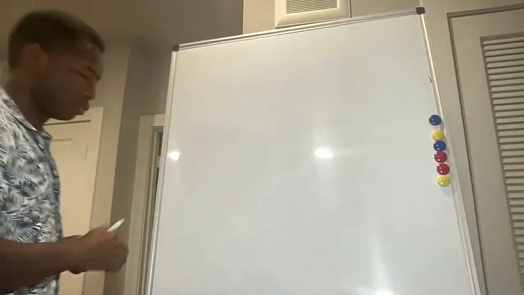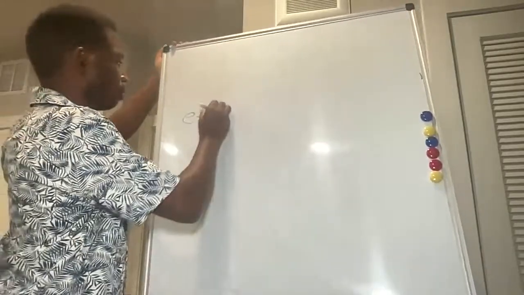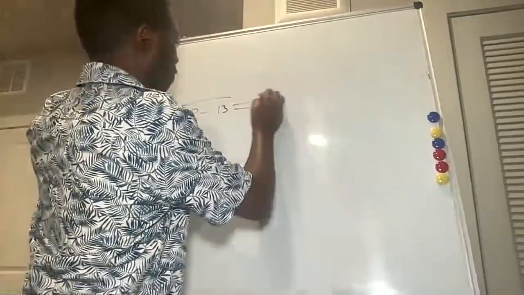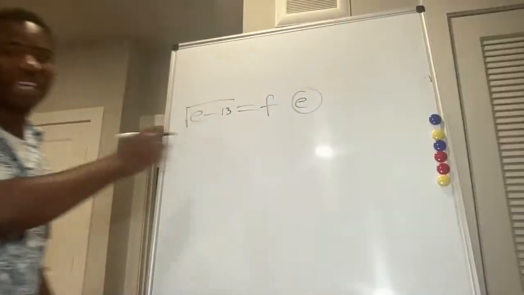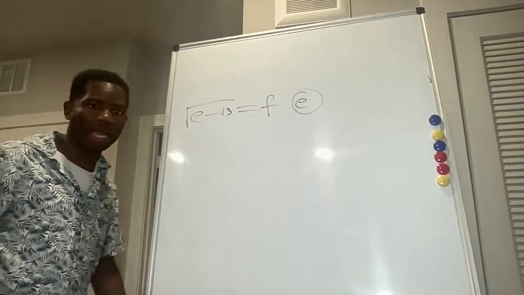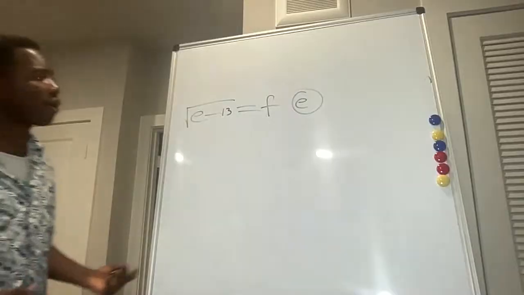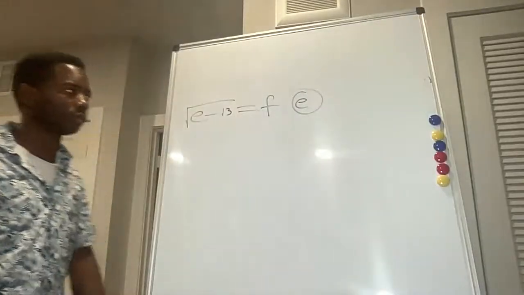If you have the square root of (e minus 13) is equal to f, and you are told to make e subject of the formula, how can you make e subject of this equation?